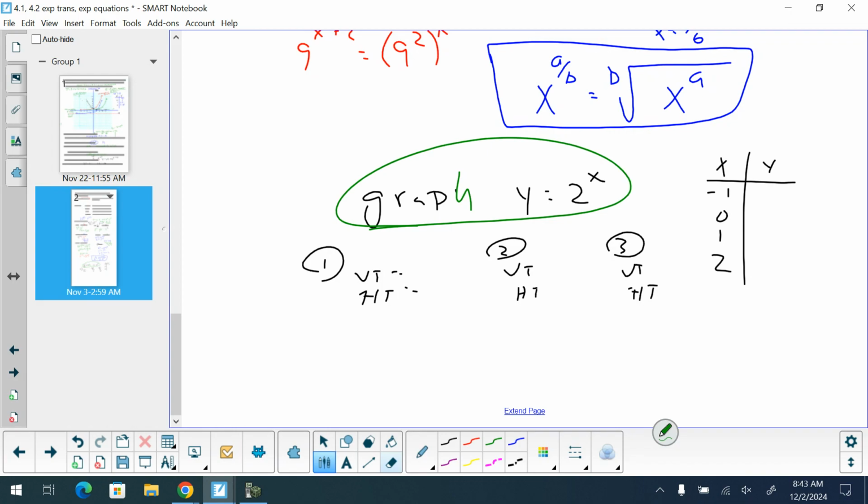Take your initial graph and just move the points. Down one, to the right one, left one, up one. Whatever your translation is, just move the points.